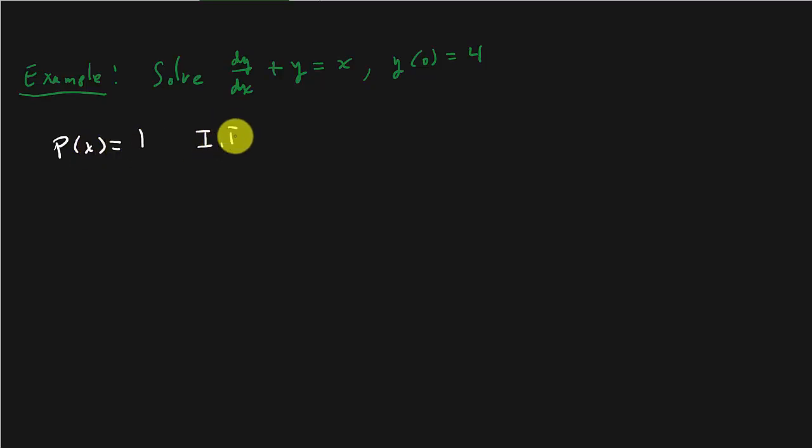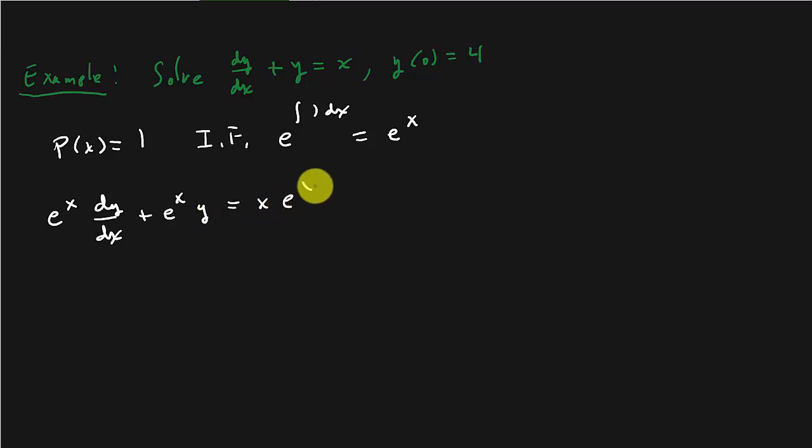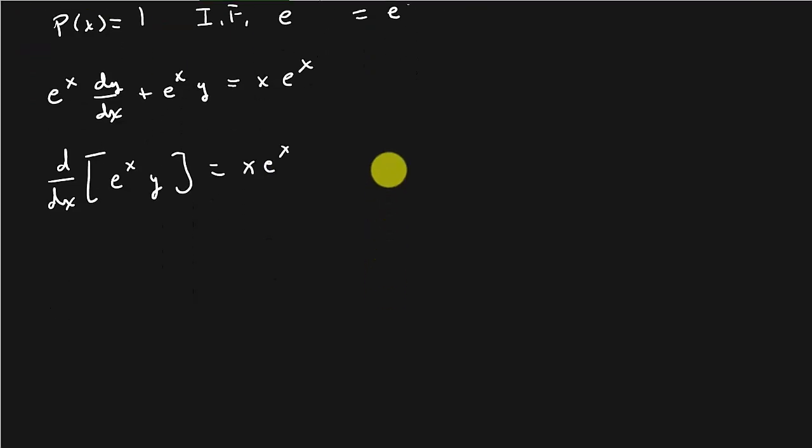Our integrating factor is e to the integral of 1 dx, which is e to the x. And then I'm going to multiply each term by the integrating factor. And so remember, the left-hand side becomes the derivative of the product of the integrating factor and y. All right, and so now we're going to integrate both sides.